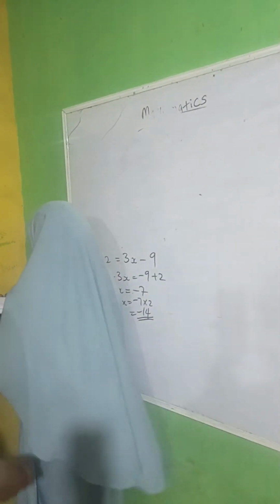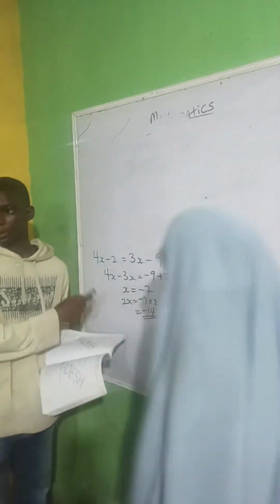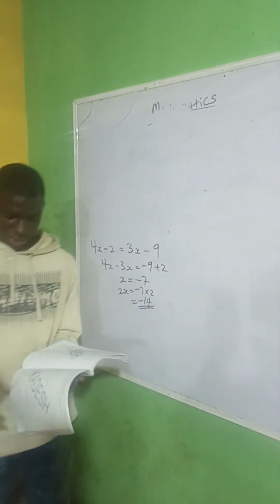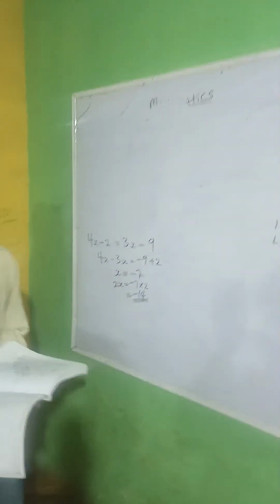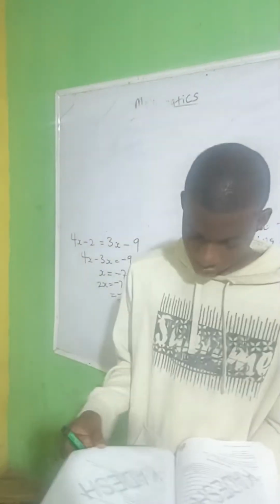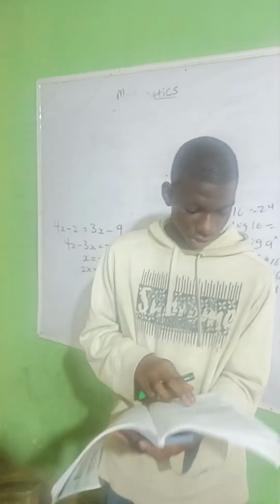To get 2x, since you have gotten minus 7 as x, just multiply by 2 to get minus 14. That's how we got the answer. So let's move to the next topic.